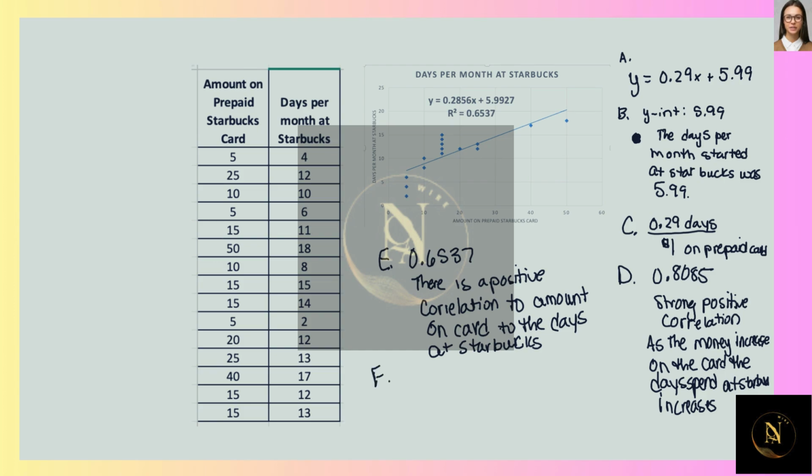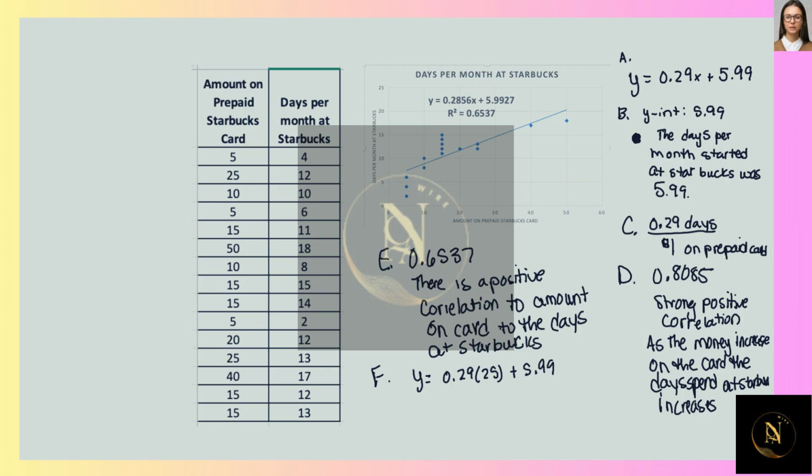And then F asks, determine and interpret the residual for a prepaid card with $25 on it. So that would be y equals 0.29 times 25 plus 5.99.